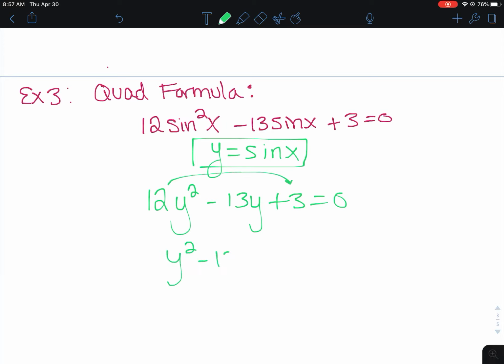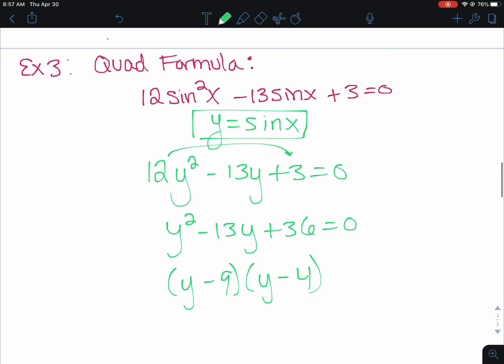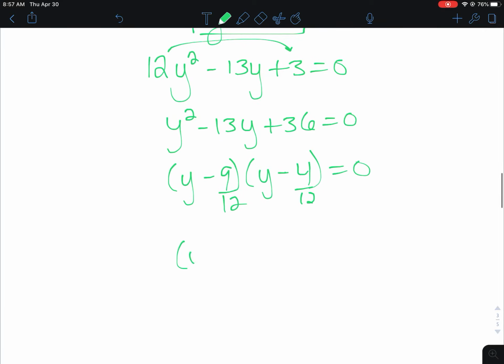So we could try the slide and divide here. y squared minus 13y plus 36 is equal to 0. Oh, actually, this does factor: negative 9 and negative 4. So this was a poor example to use. And then divide by 12, and we could reduce.